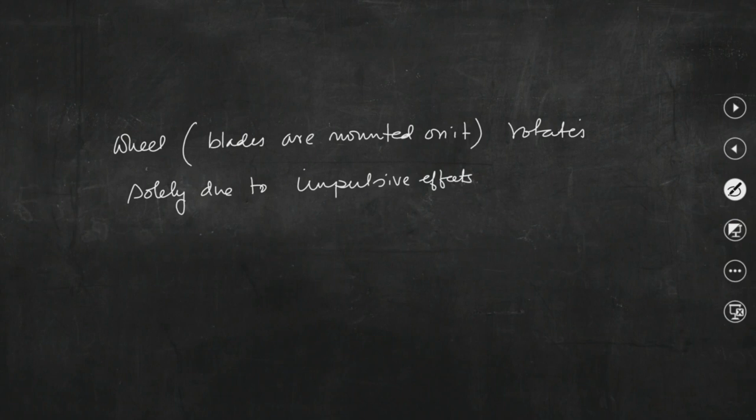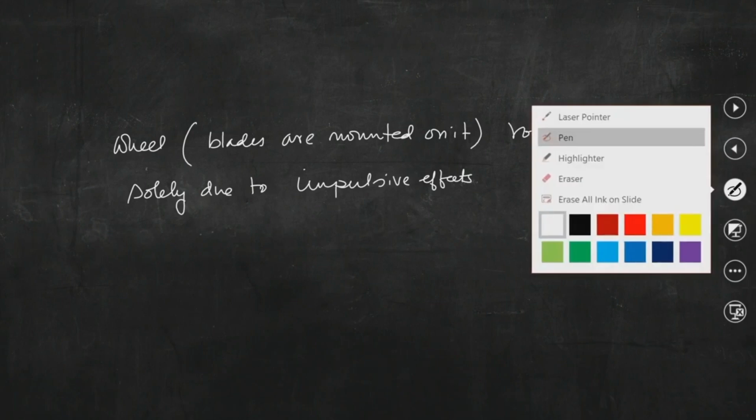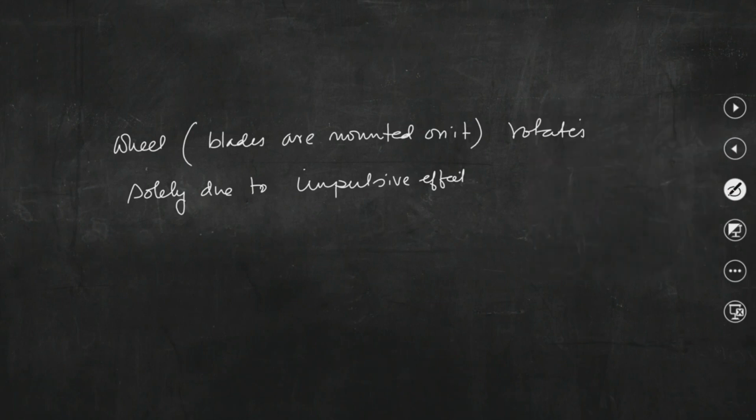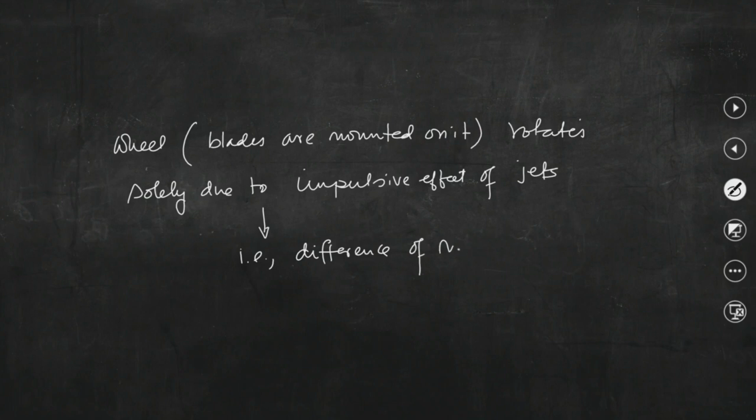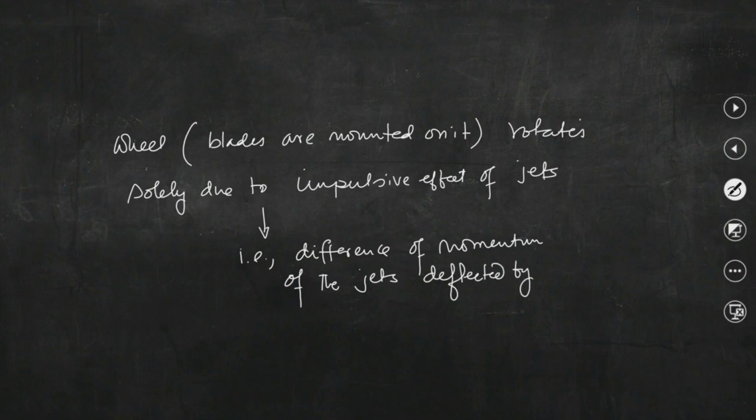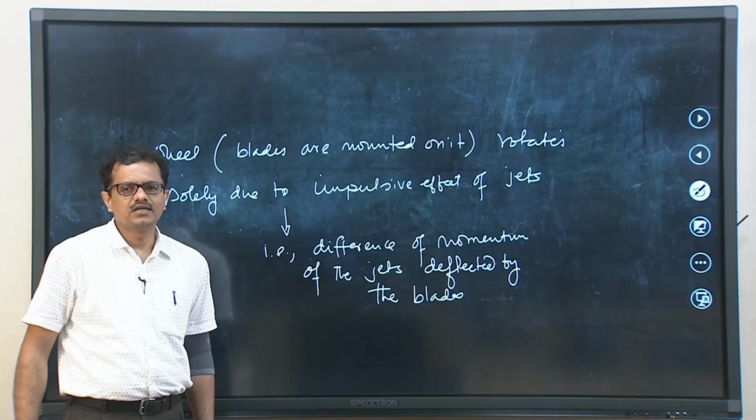The impulsive effect of the jets, that is the difference of momentum of the jets deflected by the blades, and that is how this special type of turbine is known as the impulse turbine.